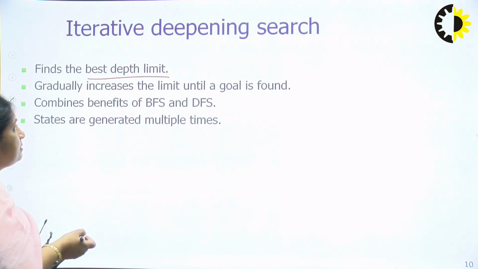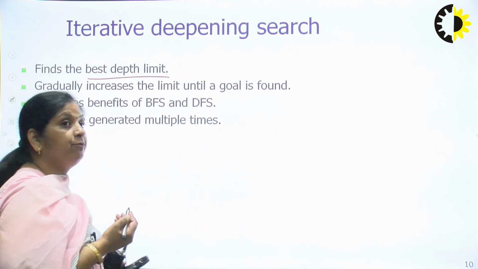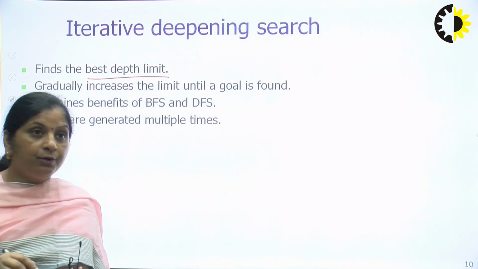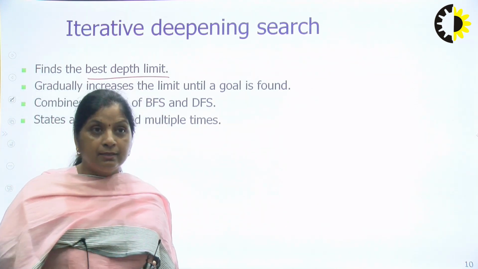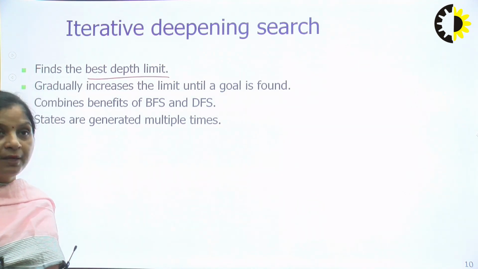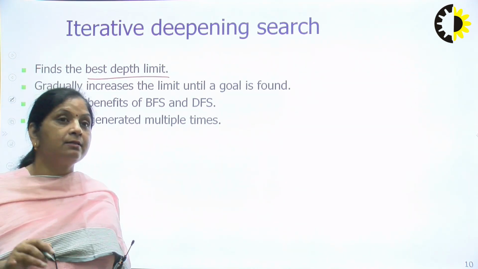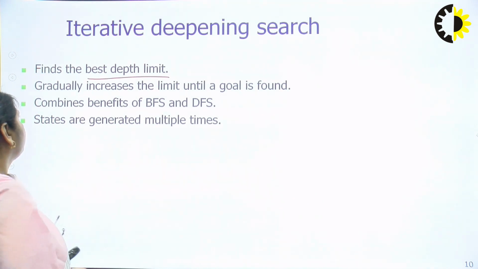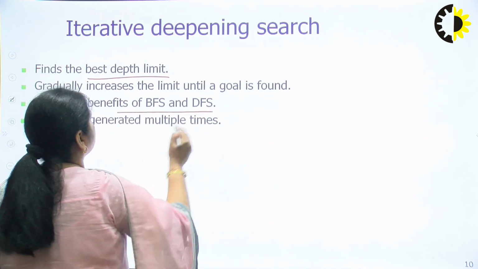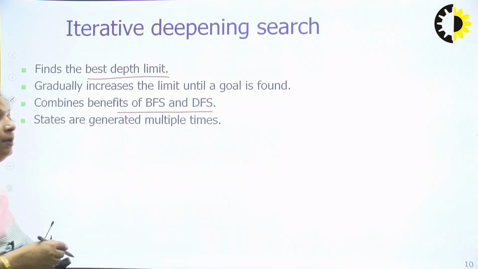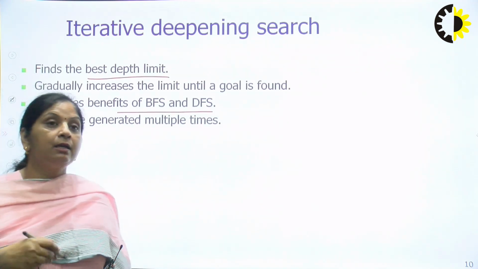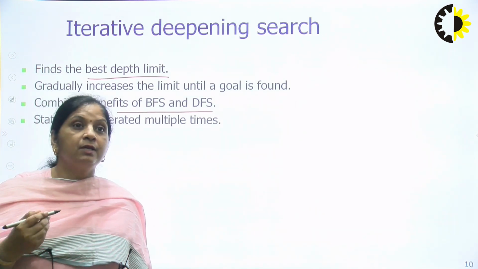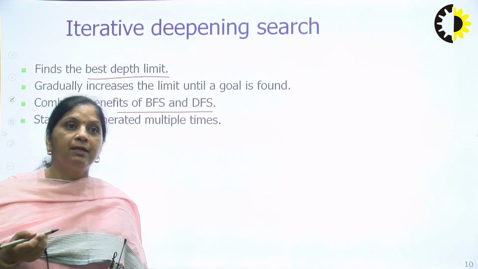The purpose is that we want the benefit of BFS as well as DFS. It means we want lesser space requirement and lesser time, and we want the optimal solution also. So it combines the benefits of BFS and DFS both, but because we increase the limit gradually, a few states are generated multiple times.